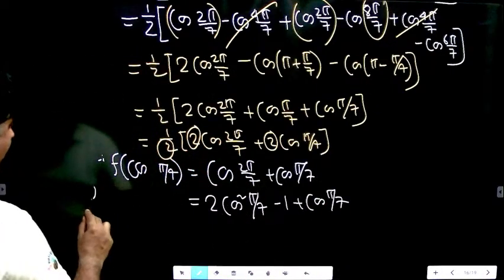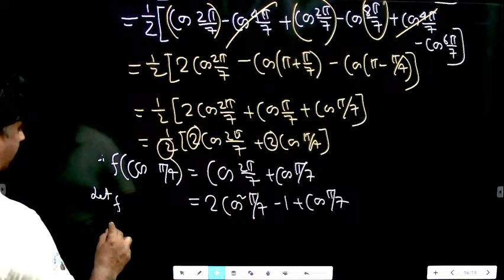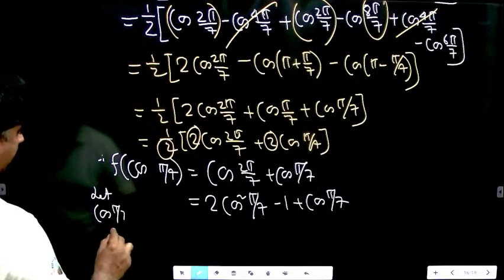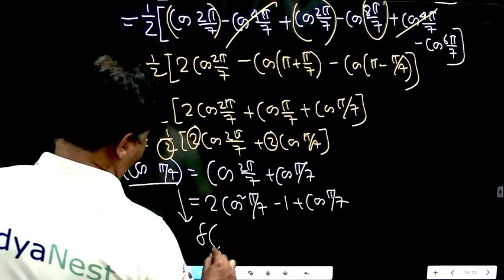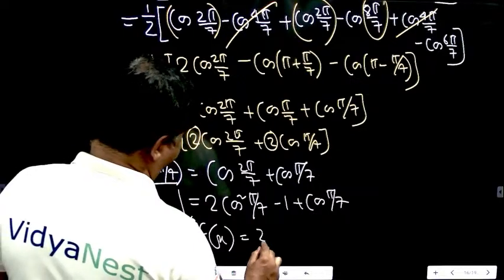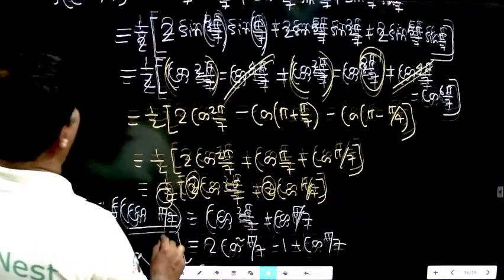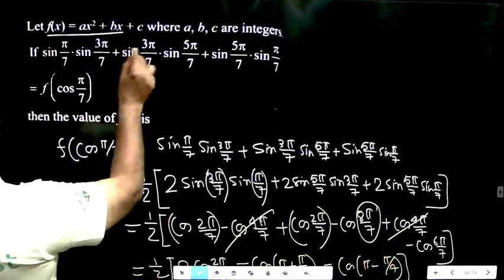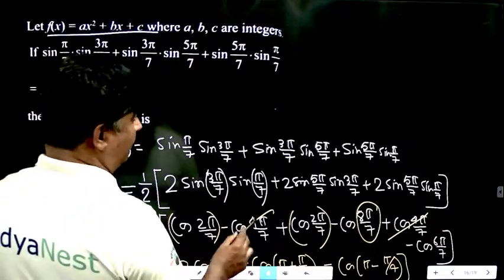Now I will let x. So this will become f(x) is equal to ax square plus bx plus c. Now we are told to find f(2).